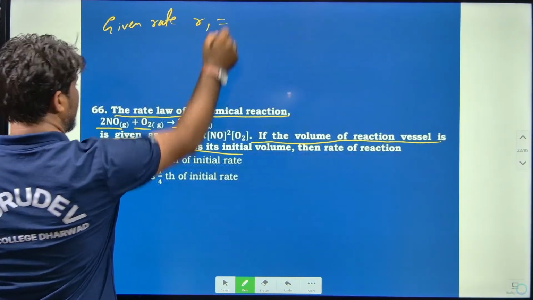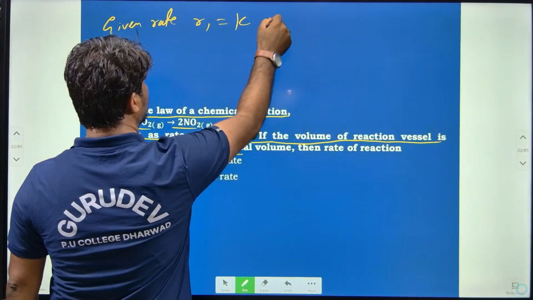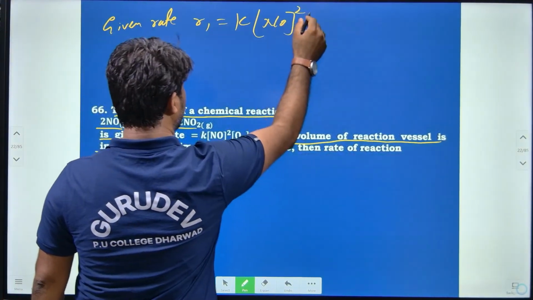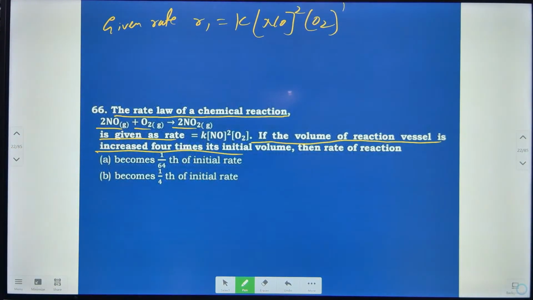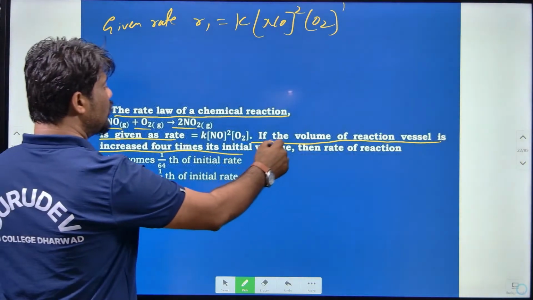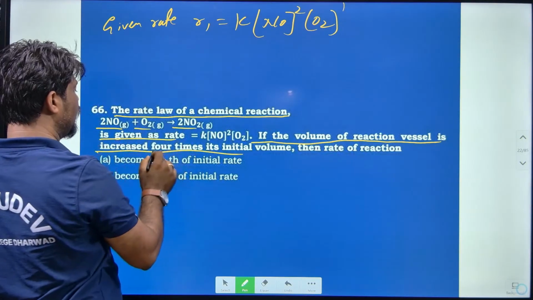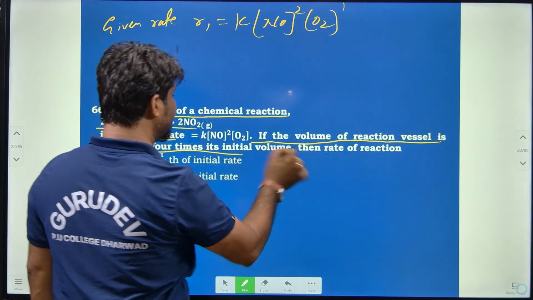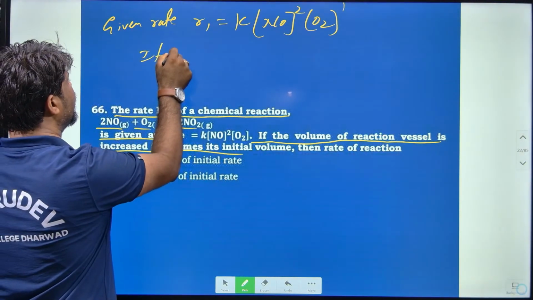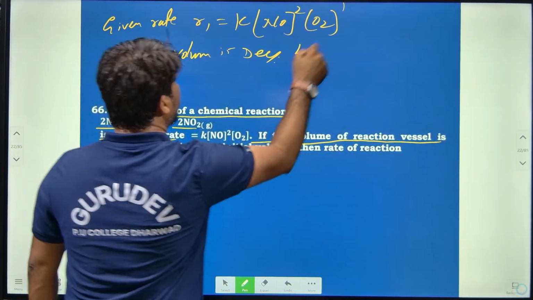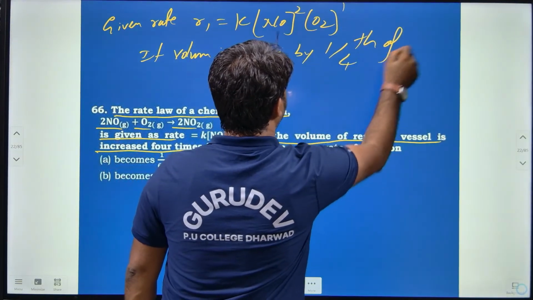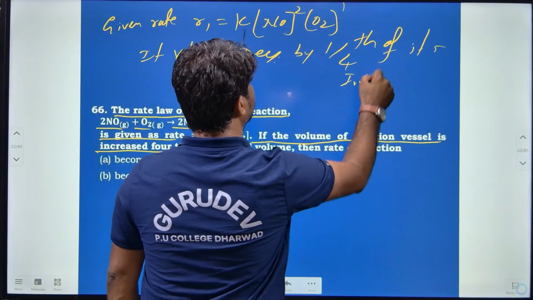Anyhow, the given rate, R1, is equal to K into [NO] to the power of 2 into [O2] to the power of 1. This is the given value. If volume is increased by 4 times, that indicates the concentration is decreased to 1/4 of its initial value.